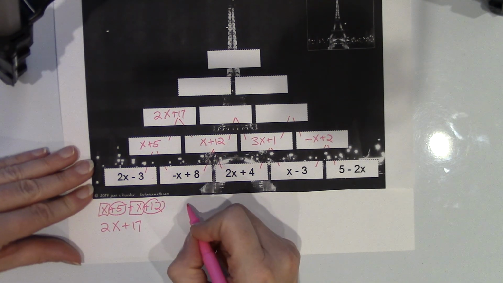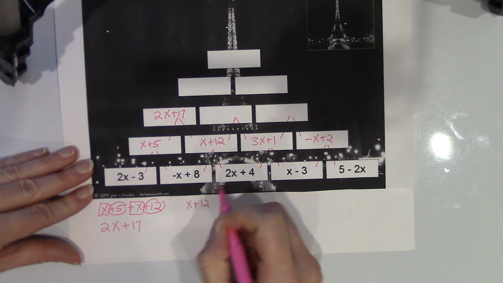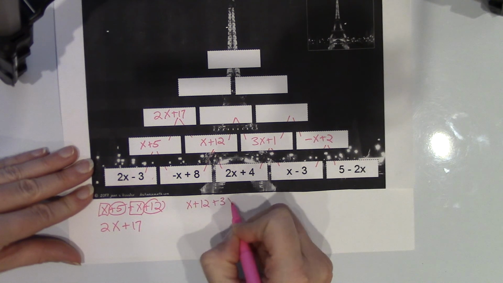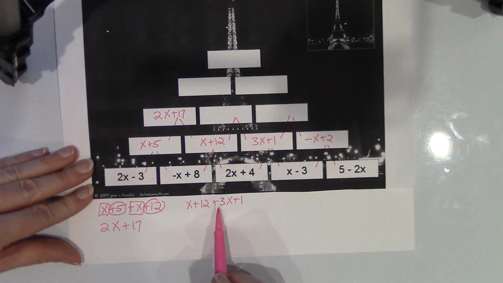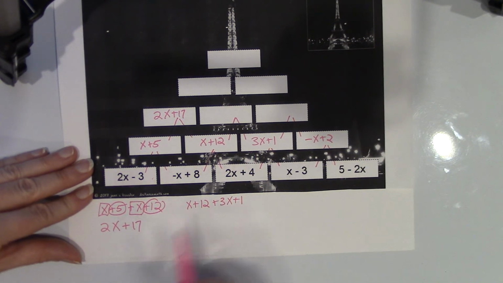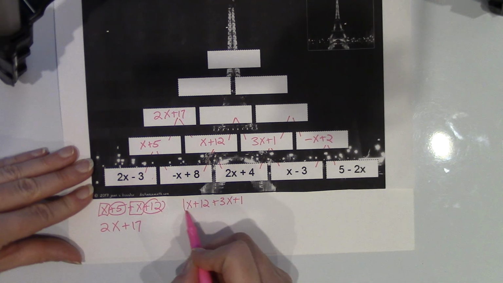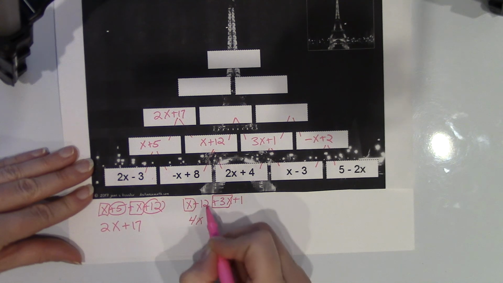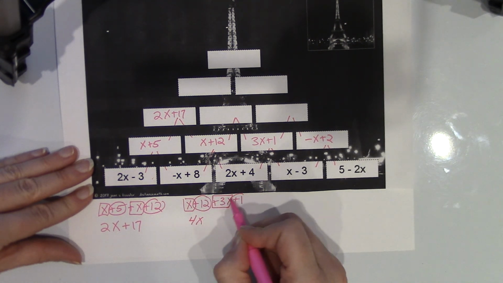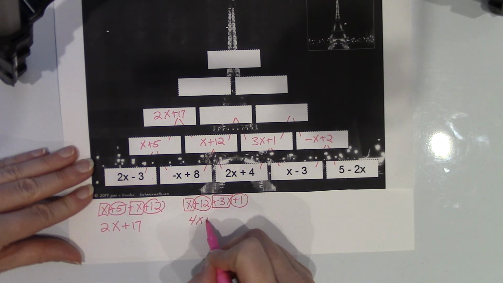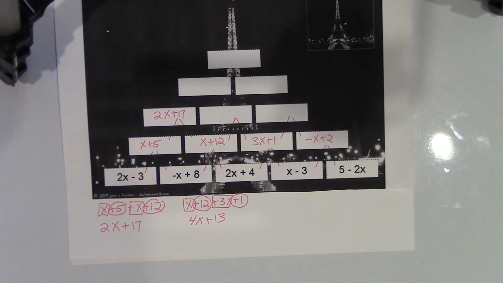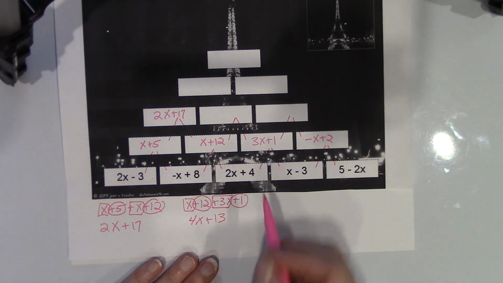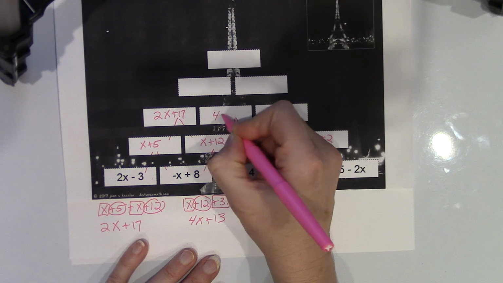Alright, then over here I have x plus 12, and I'm going to combine that with a 3x plus 1. It's a positive 3x, so I have a positive sign there. That gives me x plus 3x equals 4x, and then a positive 12 and a positive 1 gives me a positive 13. So I have 4x plus 13.